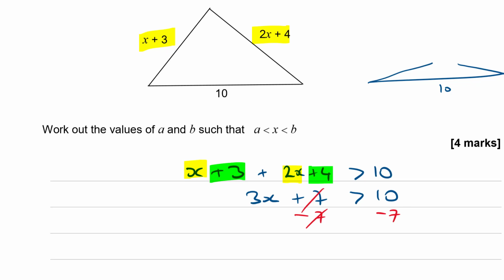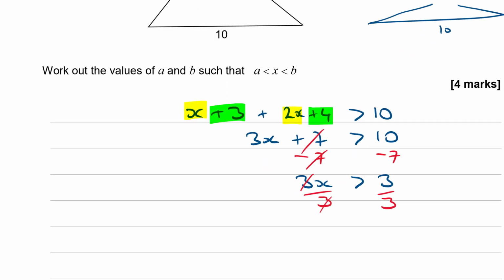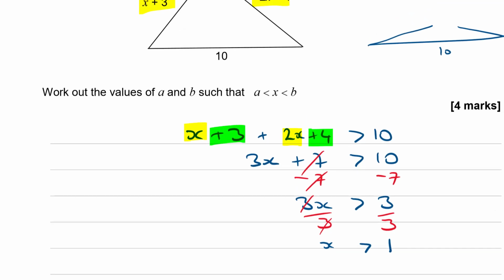That will leave me with 3x is greater than 3. And then dividing by 3, they'll cancel, and it will leave me with x is greater than 1. So that 1 has got to be that a there, isn't it? So my x is going to have to be greater than 1.